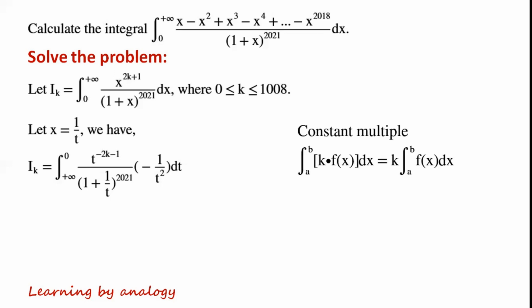By applying the constant multiple rule, we have this equals minus the integral over the interval from positive infinity to 0 of t to the power of minus 2k minus 3 over 1 plus 1 over t, all to the power of 2021 dt.